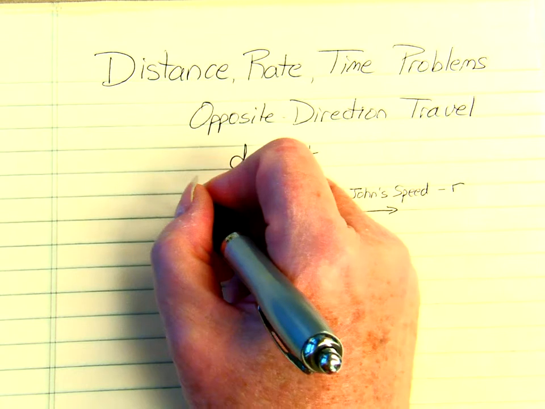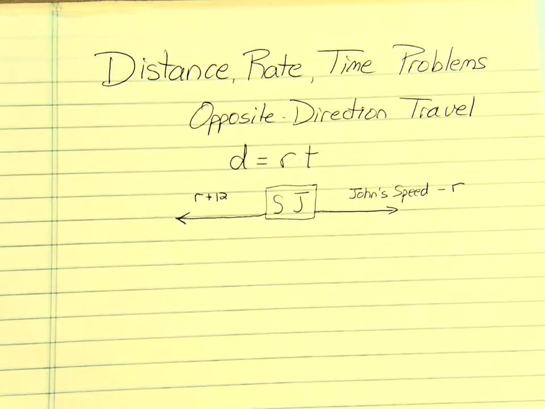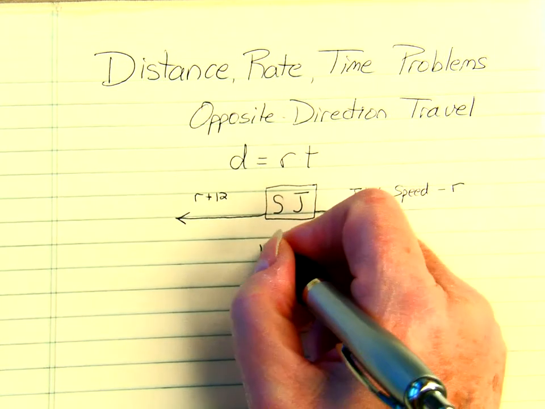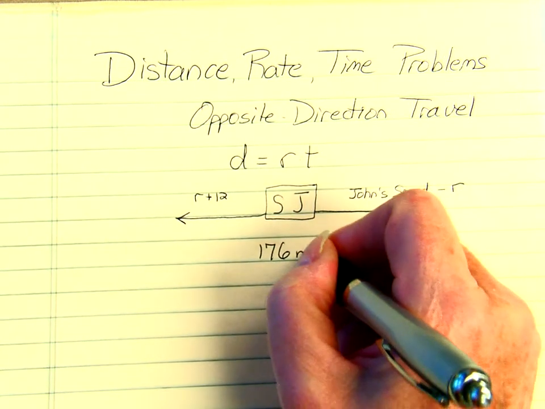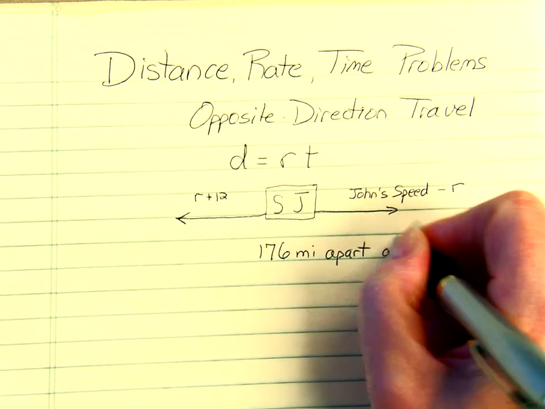So Sarah drives R plus 12 because she's going faster. I don't know that she's going to be picked up for speeding or what. Now after 2 hours, they are 176 miles apart.